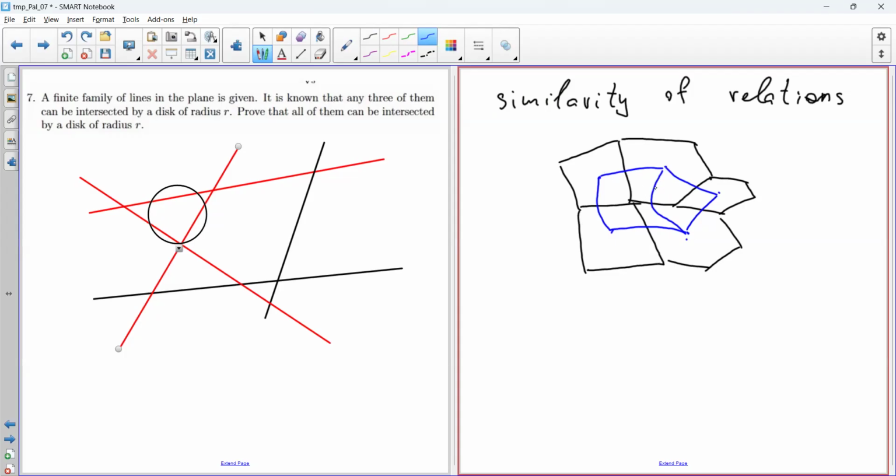And we will have a natural correspondence: in each face of this new graph, we'll have a vertex of the initial graph.